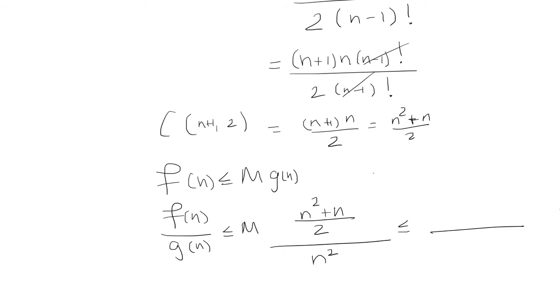So to help you out, you can just think of it like this. Oops. n squared should be in the denominator. Okay. So we can rewrite n squared plus n over 2 over n squared as 1/2 times n squared plus n over n squared.